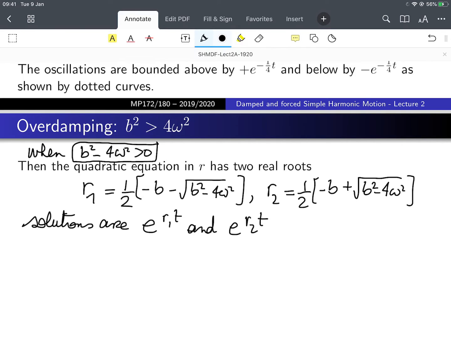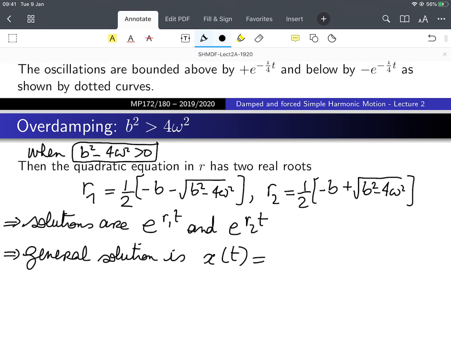And that's nice. If you have two distinct solutions, then you have the general solution. It's going to be x of t equals c, an arbitrary constant times the first solution, plus d, another arbitrary constant times the second solution.